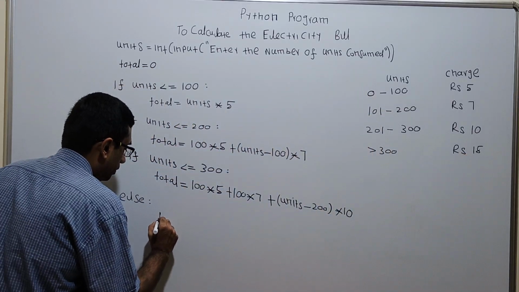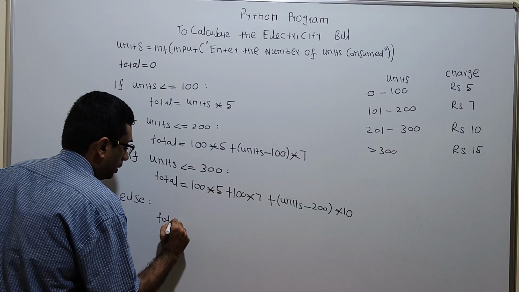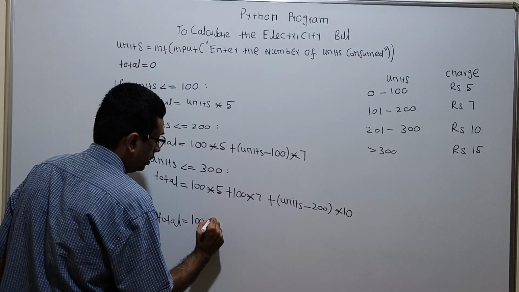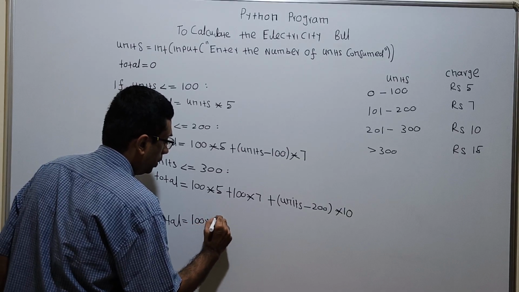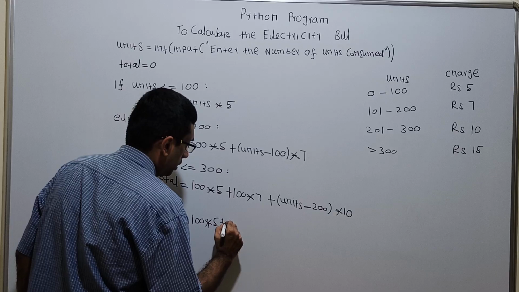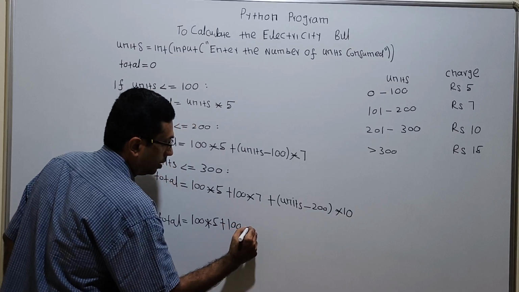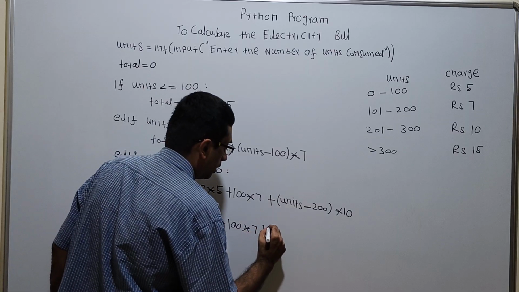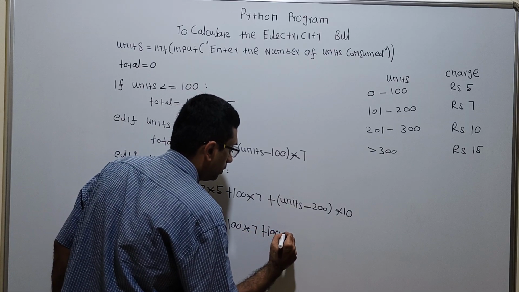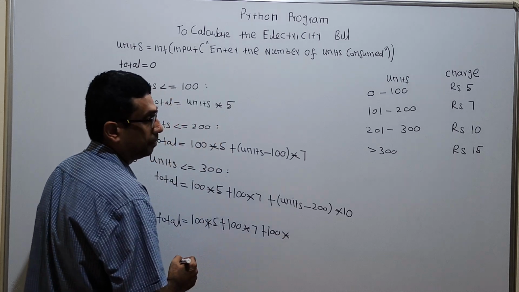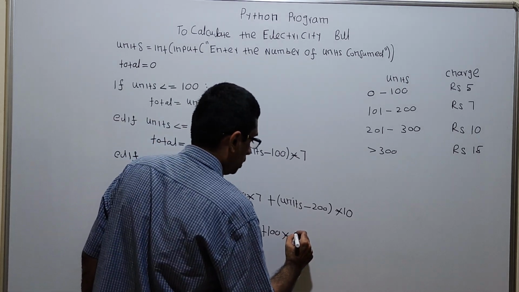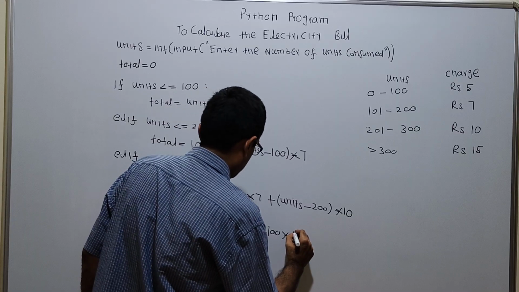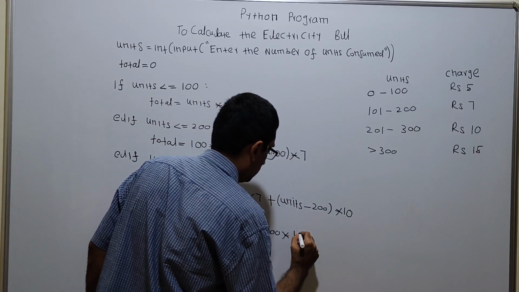Total equal to first 100 units I am charging 5 rupees, 100 into 5. Next 100 units I am charging 7 rupees, 100 into 7. Next 100 units I am charging rupees 10.